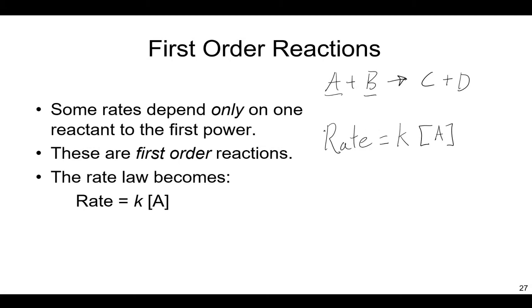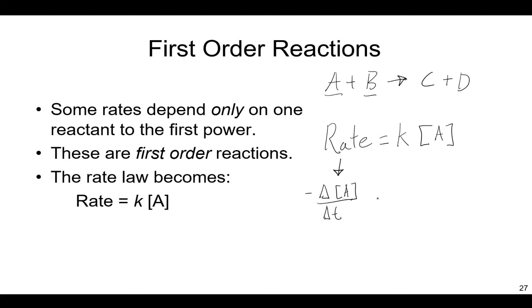Now, from this equation, we can actually get something more quantitative that describes what our data and what our reaction should look like. Remember, this rate here is really a rate of change, right? And it's really negative, a change of this reactant over change in time.